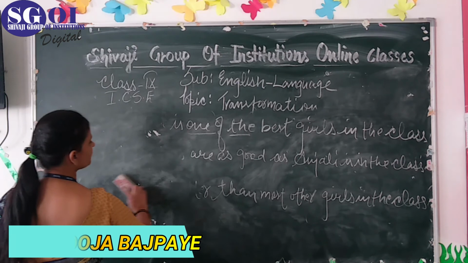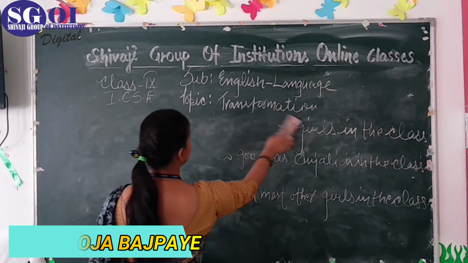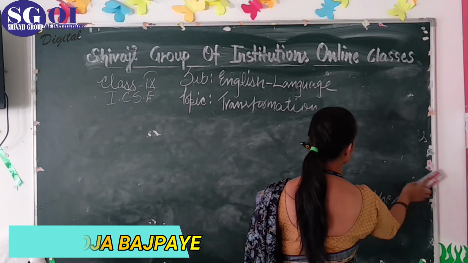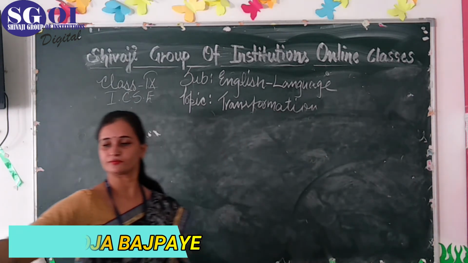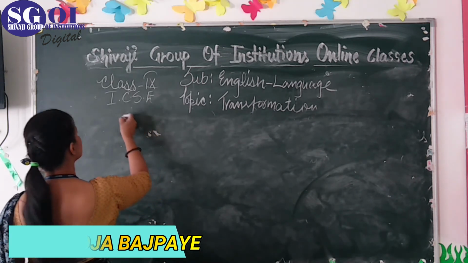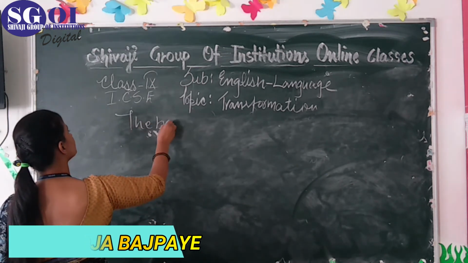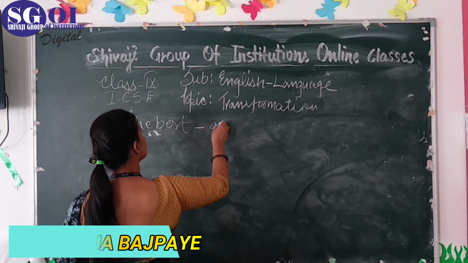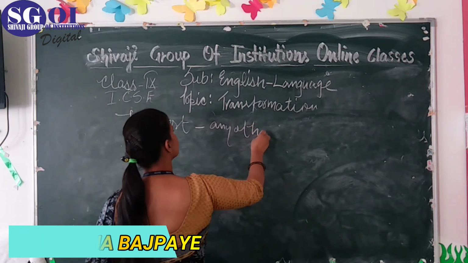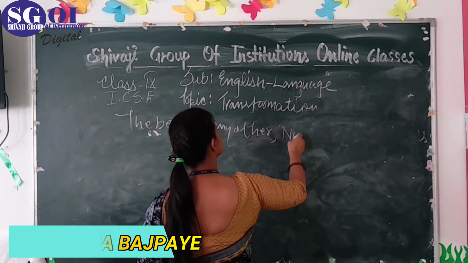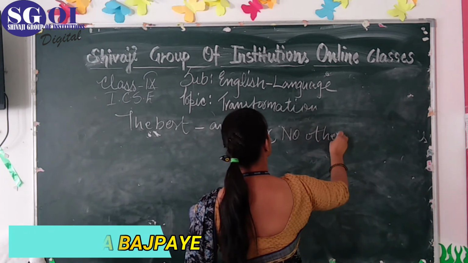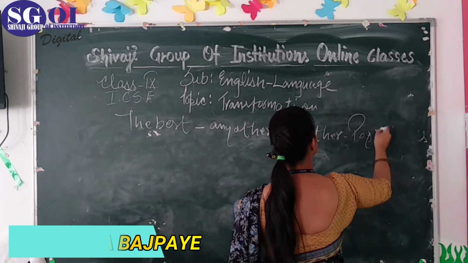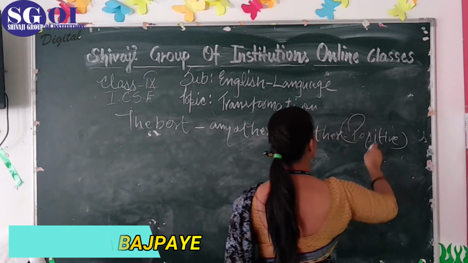You have seen the different sentences. I am just giving you the rules so that it will be clear to you. Whenever the best is given in the superlative, you have to start your positive with any other or no other.